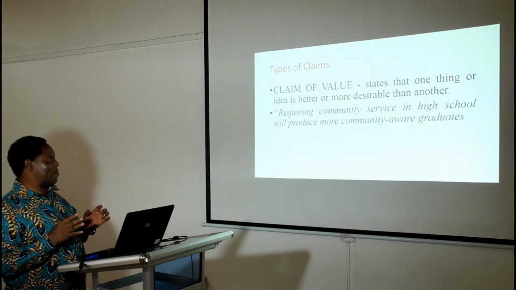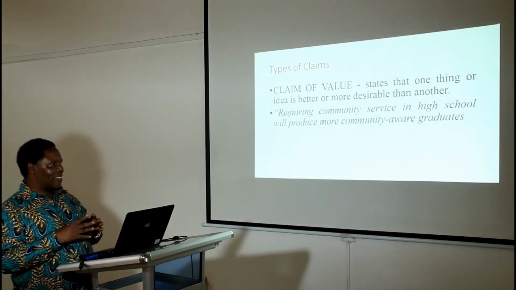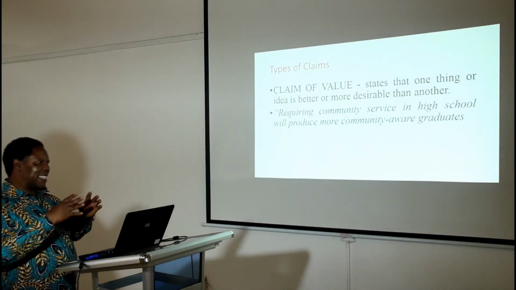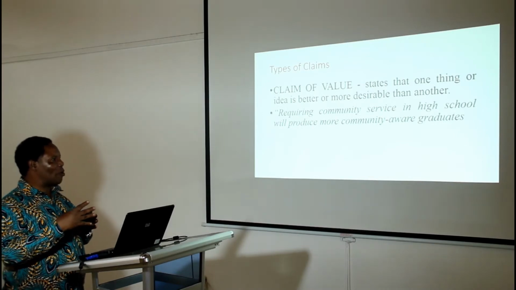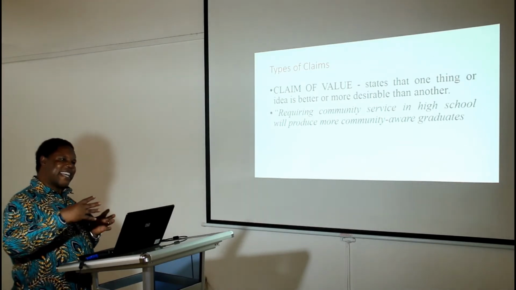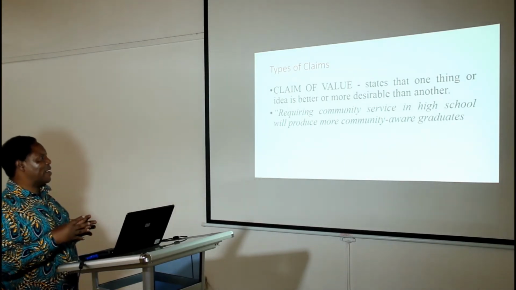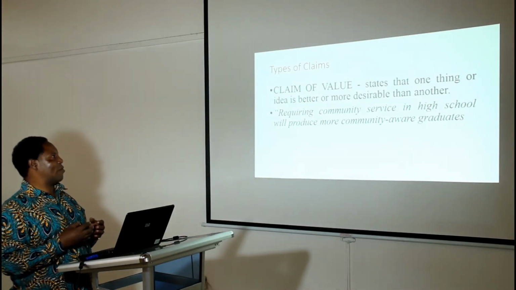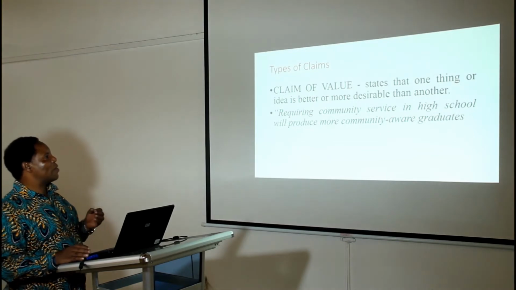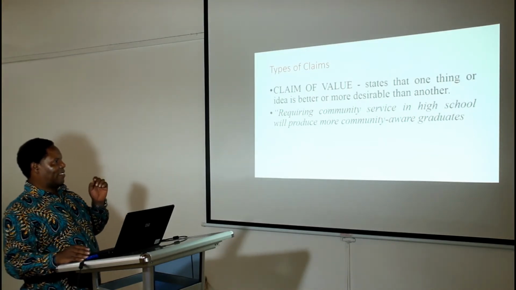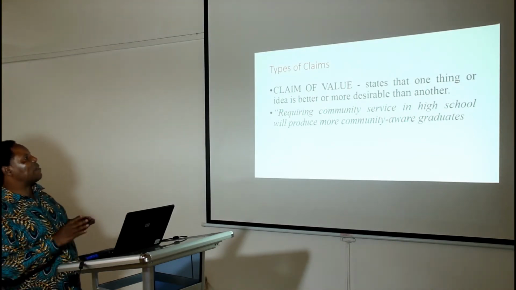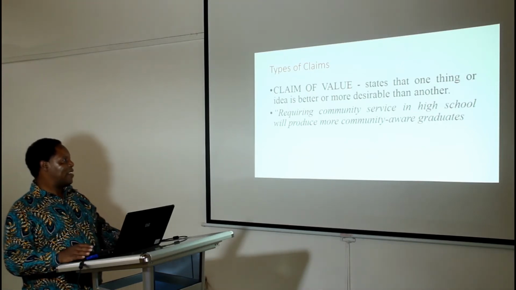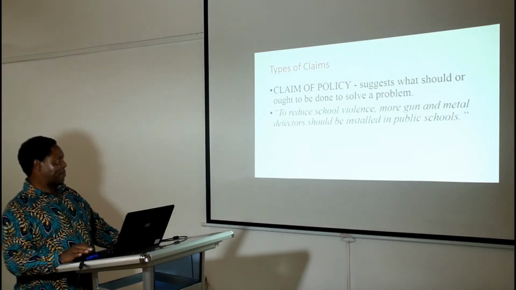So this is a value. You are trying to show some percentage, some areas which will be successive. So you are trying to show the value of something. This is what we call claim of value. You state that one thing or idea is better or more desirable than another.